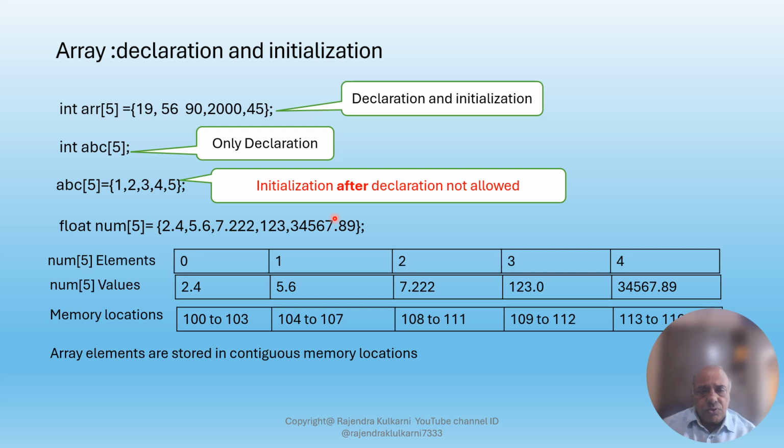Array elements are stored in contiguous memory locations. It is a very important thing to keep in mind that whenever an array is declared and assigned, the compiler will allot contiguous memory locations for its elements. So if an array of float is of dimension 100, the compiler will allot 400 memory locations for it.